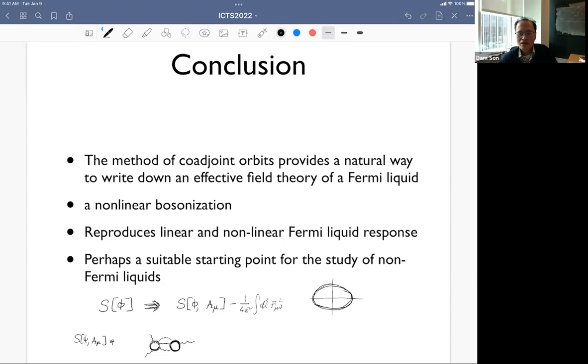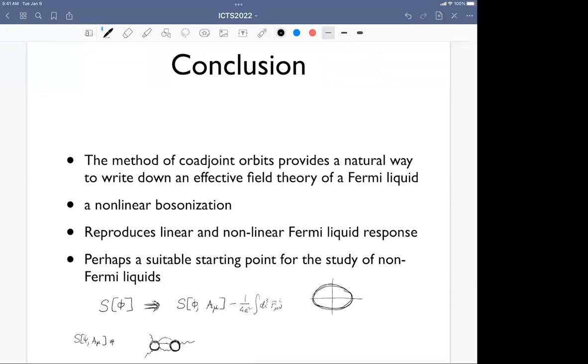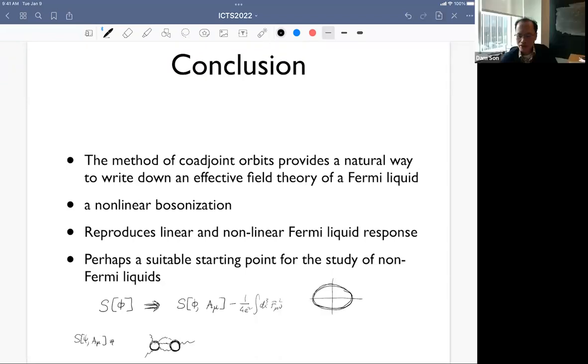Thank you. So Son, you mentioned that this Hamiltonian term that you add to the usual kinetic term contains all the information about the Landau parameters.